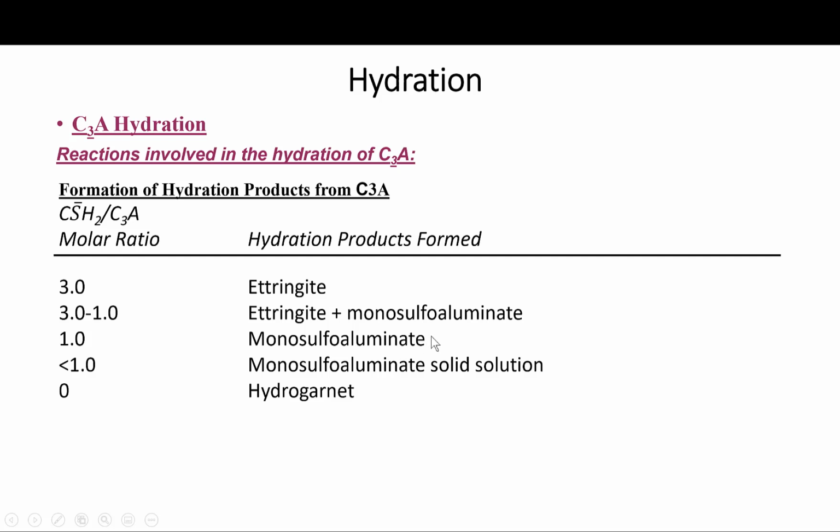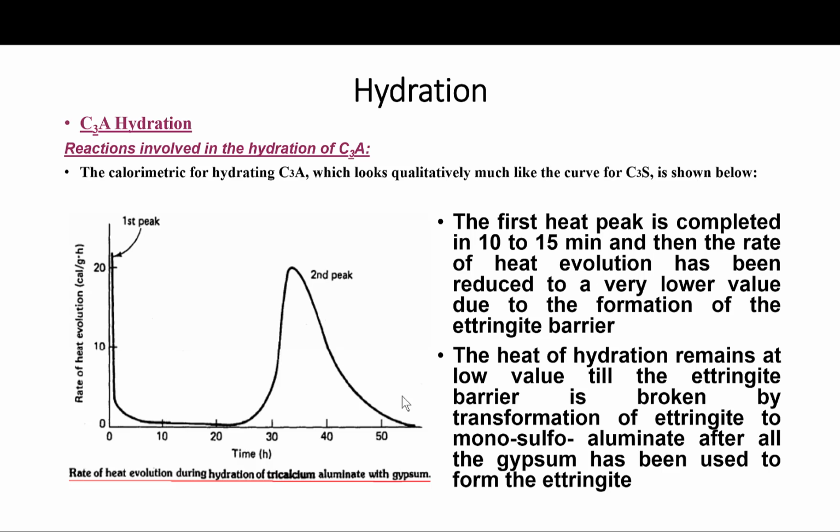Then we have a real disaster here of potential exposure to sulfate ions again, and the formation of ettringite. If it's less than 1, we will get the monosulfoaluminate solid solution I spoke about earlier. If 0, we get the hydrogarnet phase, the calcium aluminate hydrate phases. I'm talking about this a lot because it is a big deal, and it has a significant impact on the durability of concrete.